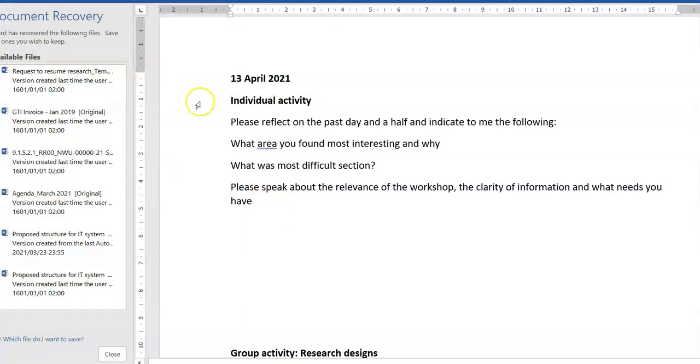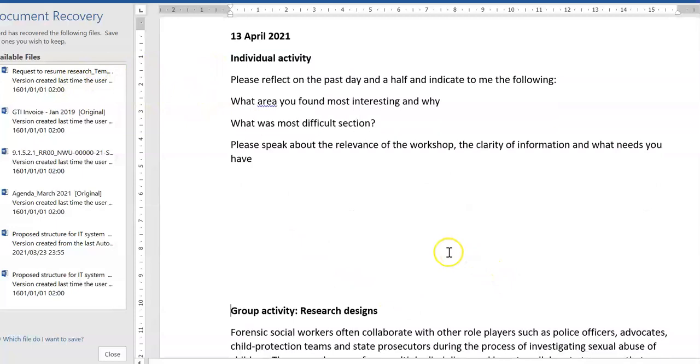What I mean by that is I need you to briefly evaluate this workshop. So I want to ask you if you can take a piece of paper, or you can type it on your screen in your Word program. But will you please look at this individual activity?